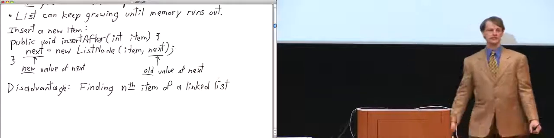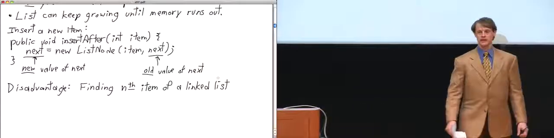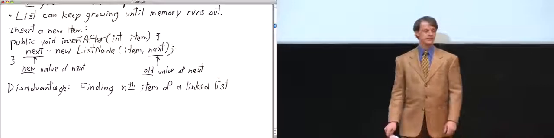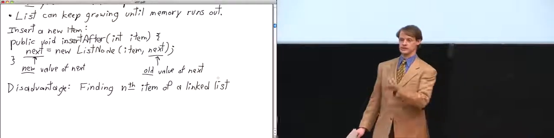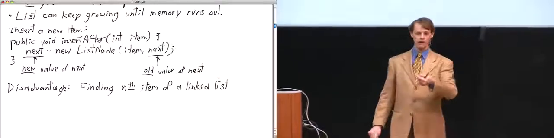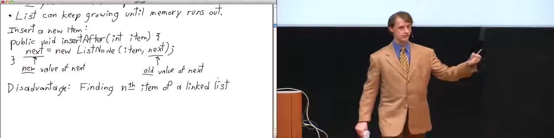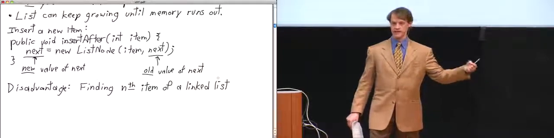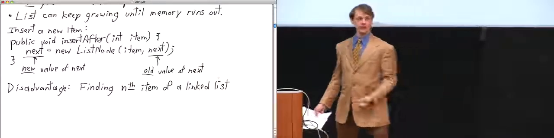Well, unfortunately, usually that's pretty slow. If you want the nth item in a linked list, pretty much what you usually have to do is start at the head and then follow the next reference n minus 1 times. If n is a billion, that's how long it's going to take.